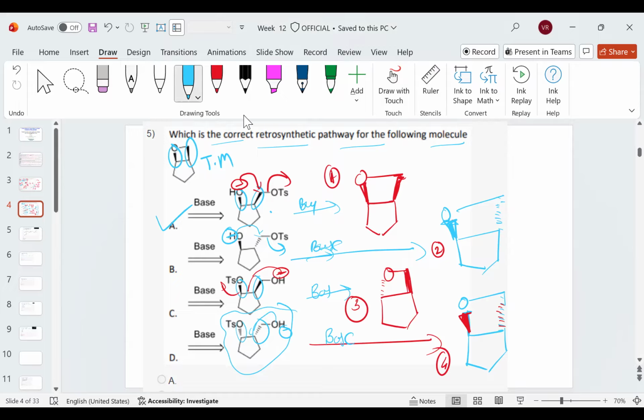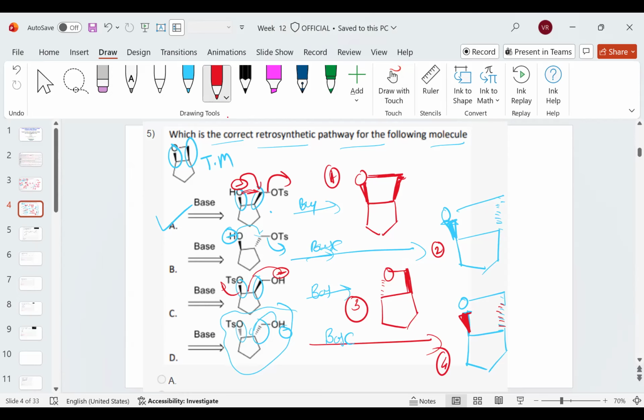This reaction generally works in the SN2 fashion, and in SN2 the backside attack takes place. In this case, what happened? Both of these directing groups attack in the same plane as this OTs. Therefore, if you look at the product, this bond is in plane.